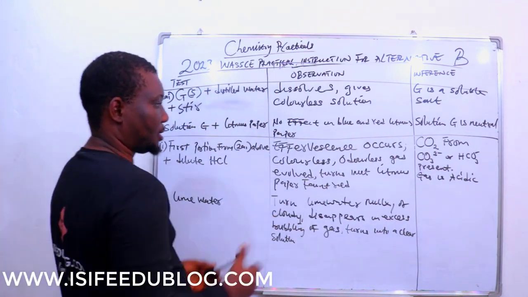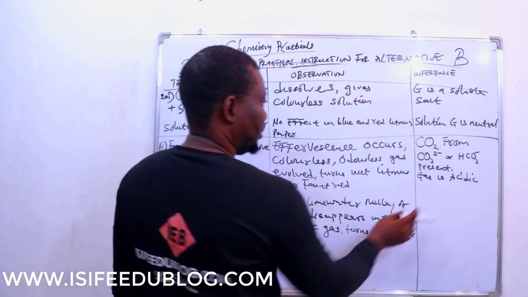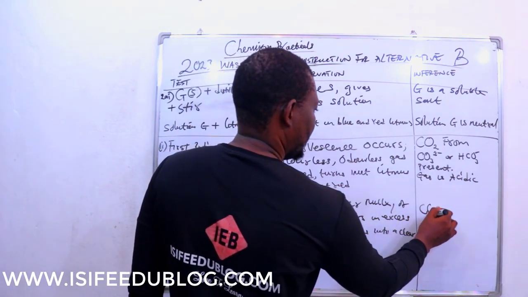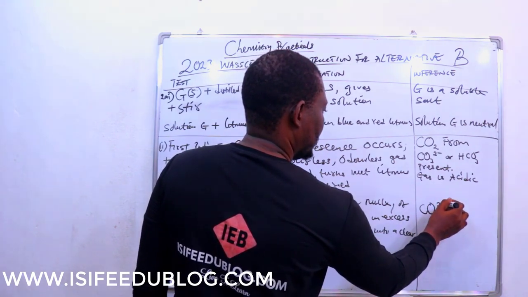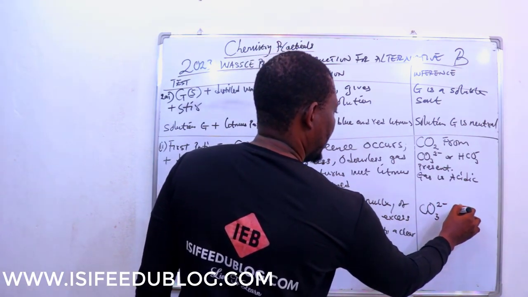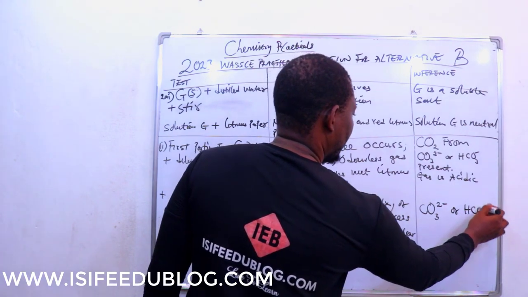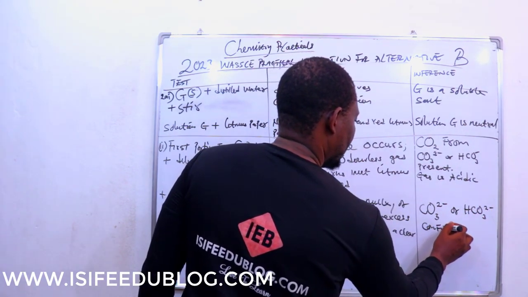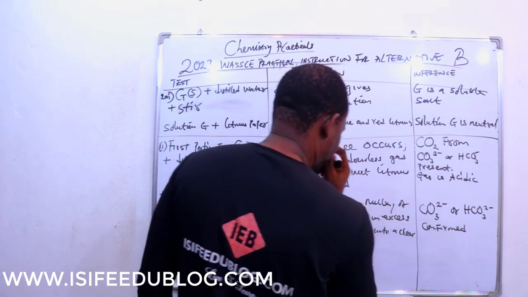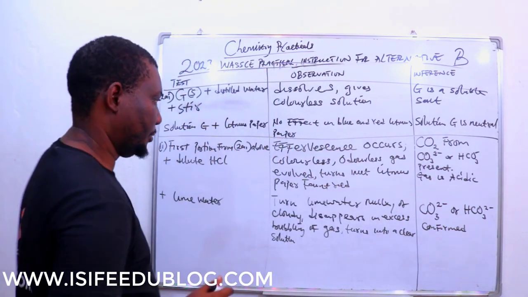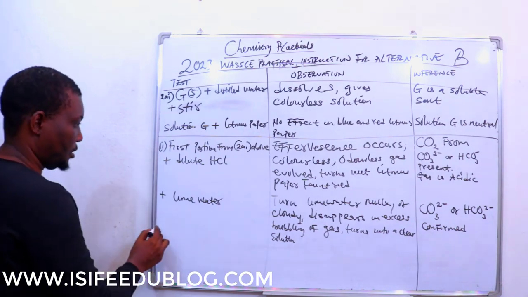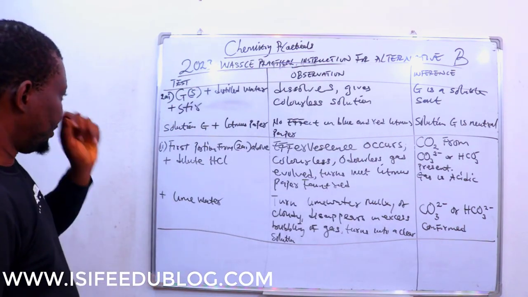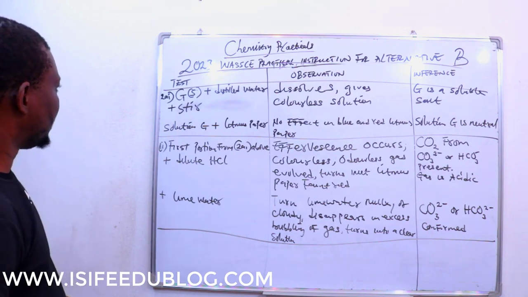Then where it turns lime water milky, you can say CO3 2 minus or HCO3 minus confirmed. That's confirmed where it turns lime water milky. That is that test.